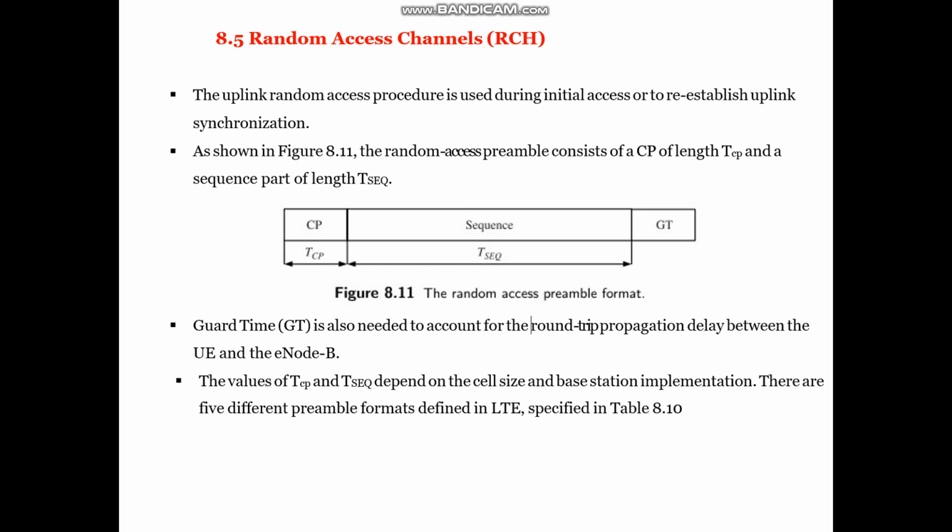As shown in figure 8.11, the random access preamble consists of three fields: CP, sequence, and GT. It has a CP of length T_CP and a sequence part of length T_SEQ.